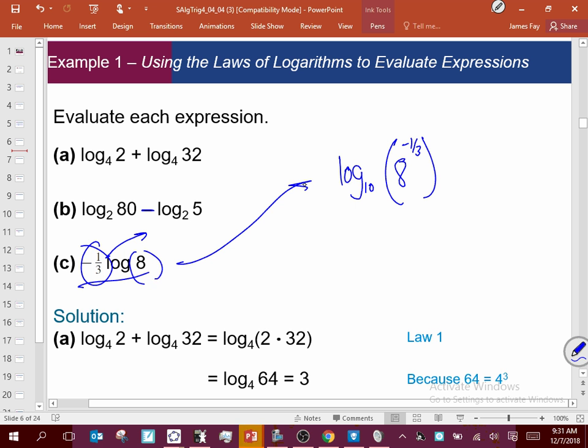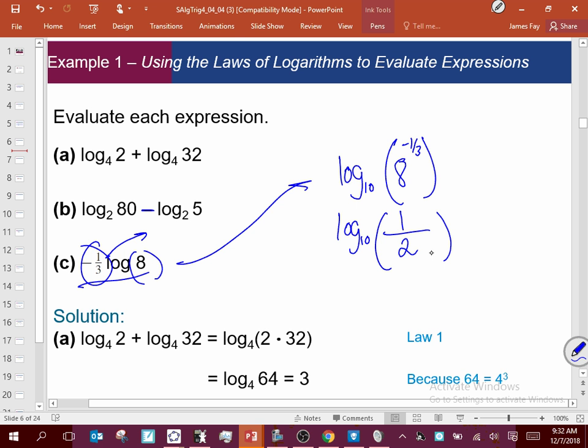Okay, now what do I do with a negative exponent? Don't I drop it down to the denominator in this case? Okay. What is 1/3 as an exponent? What does that really mean to me? 8 to the 1/3 is the same thing as what? The cube root of 8, right? What's the cube root of 8? 2.